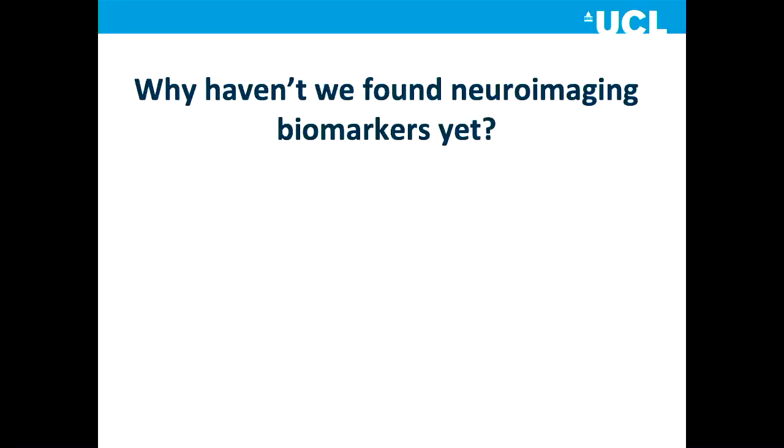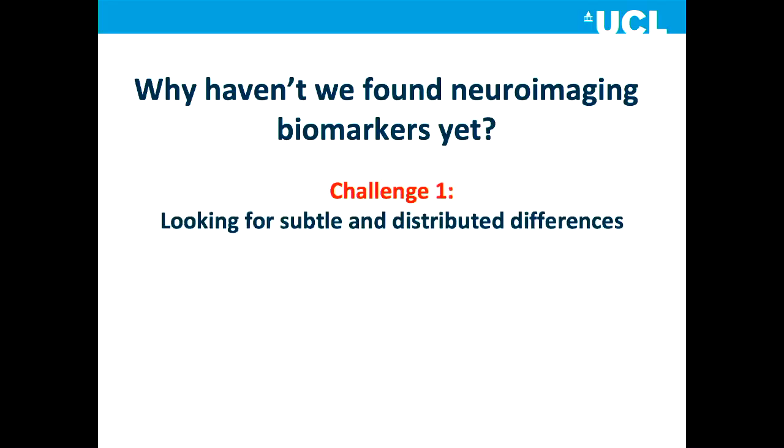And I think there are many reasons for that. I won't be able to touch on all of the reasons today, but I would like to emphasize two challenges where I think machine learning might be able to help us overcome them. One is the fact that when we talk about mental health disorders, we're looking for very subtle and distributed differences in the brain.